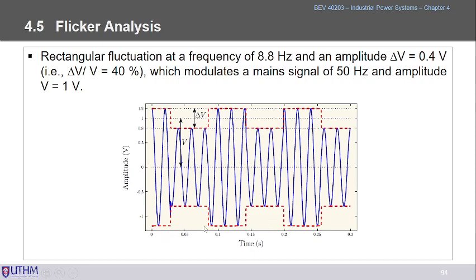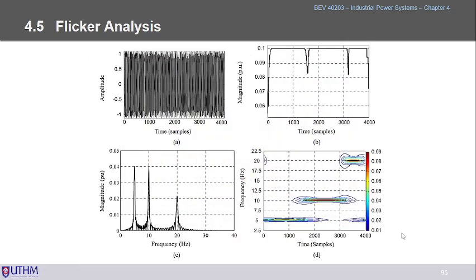Then you calculate the frequency: 0.145 minus 0.03, and you take 1 over this value. You get about 8.8 hertz in this case.